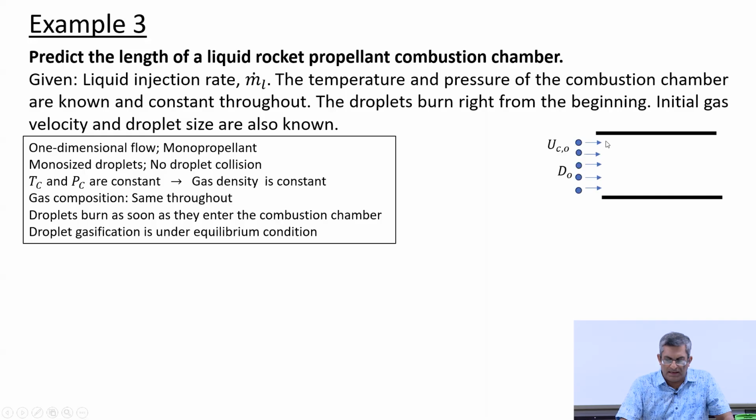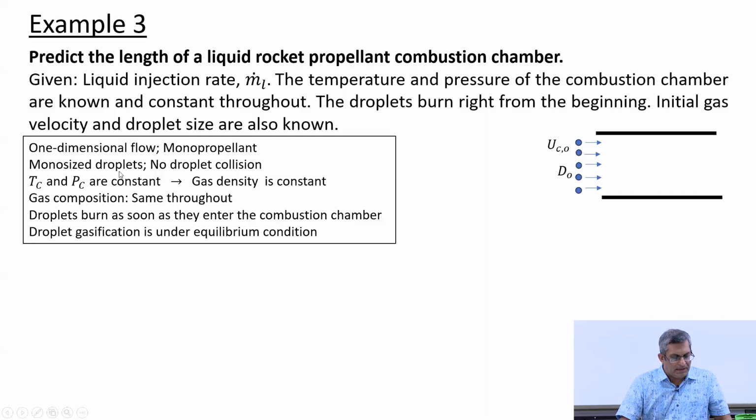First one is that we have a one-dimensional flow. We have monopropellant, that is, the chemical composition of the propellant is the same. While in practical cases, we may be having bipropellant systems also, here the chemical composition of the propellant is fixed.